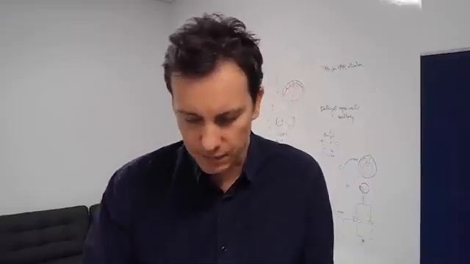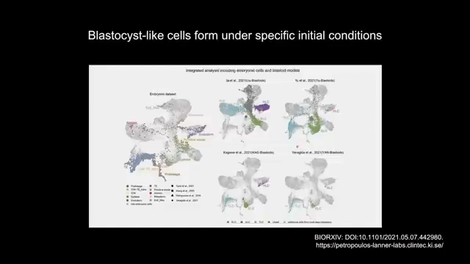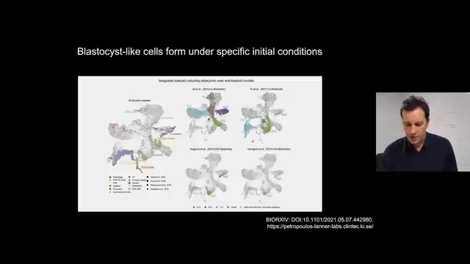In 2021, there were about 6 labs that proposed protocols to form models of the early human embryo. And the single cell RNA sequencing data from 4 of them have been reanalyzed by an independent consortium that was led by Sophie Petropoulos in Montreal and Frédéric Lanner in the Karolinska Institute.